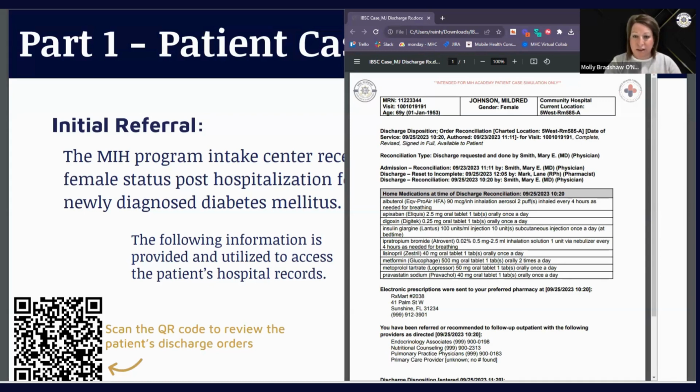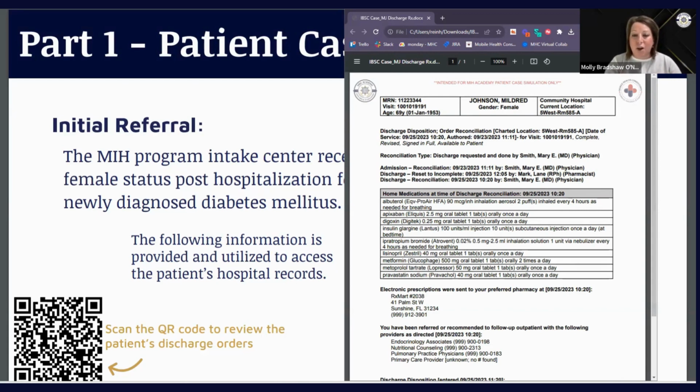Then there are a couple of other medications thrown in from a cardiac standpoint: the metoprolol and pravastatin, and also the apixaban and digoxin, which the case doesn't give the reason for. It's really focused more on the COPD and the diabetes, but we always bear in mind that no one has just one chronic disease. There's always a myriad of other diseases that go along with it.